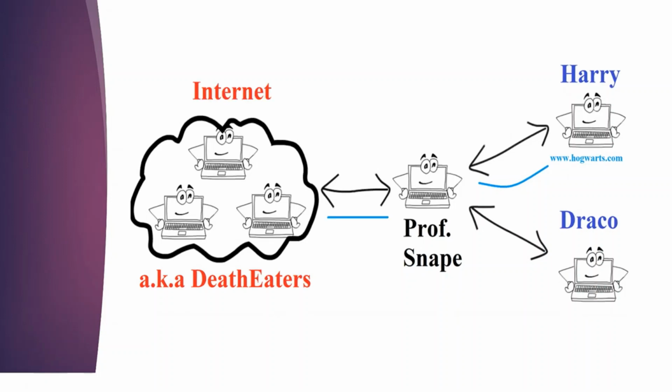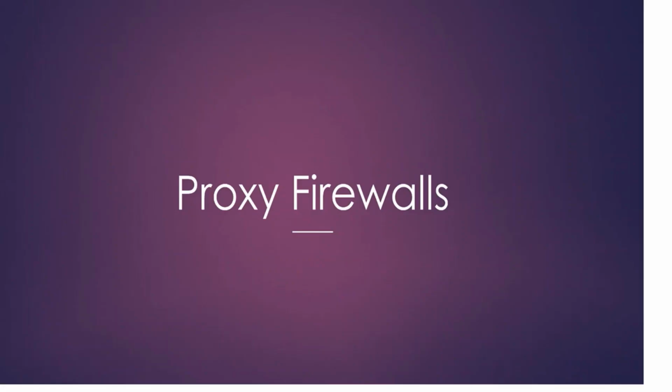The computer on the internet thinks that instead of Harry, Snape is requesting the URL, which means Snape has hidden Harry from the attackers of the internet. And how Snape is able to hide Harry is with the help of something we call proxy firewalls. So in other words, to summarize, proxy firewalls are a type of firewall that runs a pseudo application which copies the behavior of real applications.